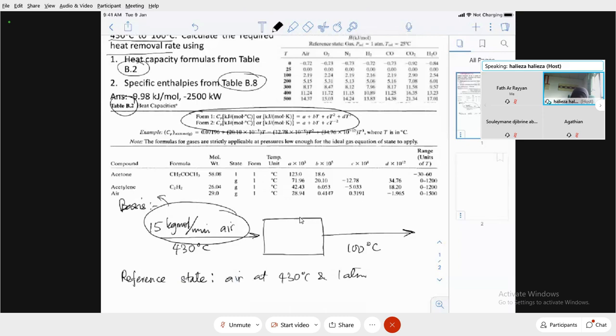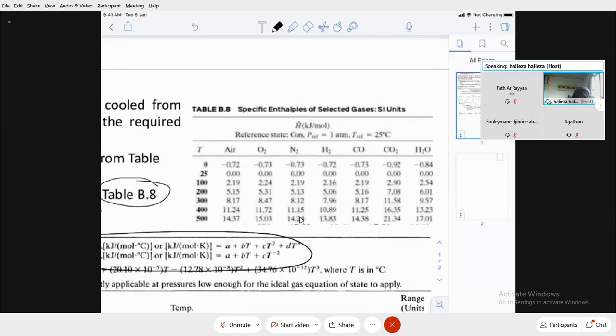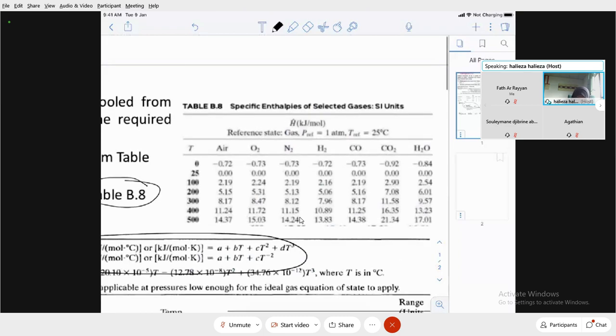Now that is when you are using table B2, because you don't have any data. But if you're using table B8, you have to follow the same reference state as given. In our case, you have to write down A at a pressure of 1 atm, temperature 25 degrees C. Okay, let me repeat myself.